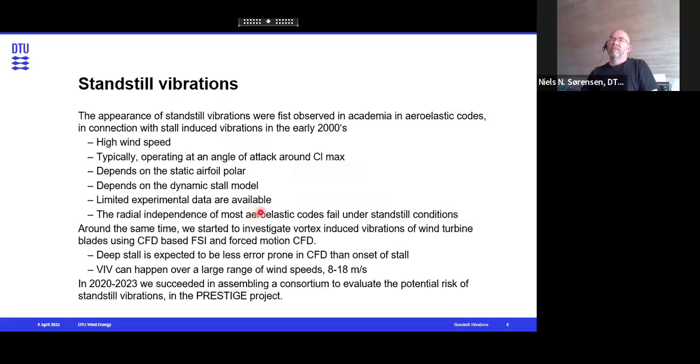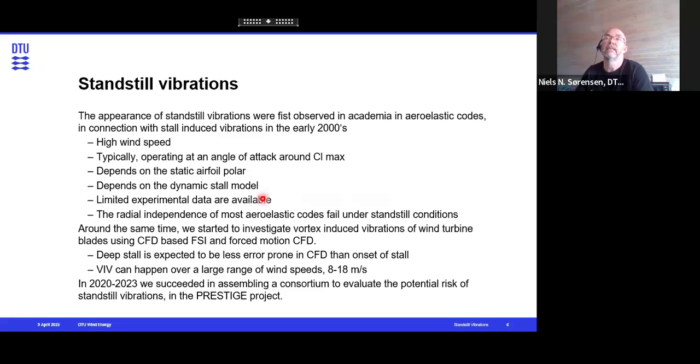So the appearance of standstill vibrations that were observed in the early 2000s, to my knowledge, was first observed in the aeroelastic codes, where people saw high vibrations during standstill. And there was a lot of discussion whether it was an artifact or whether it was a real thing.